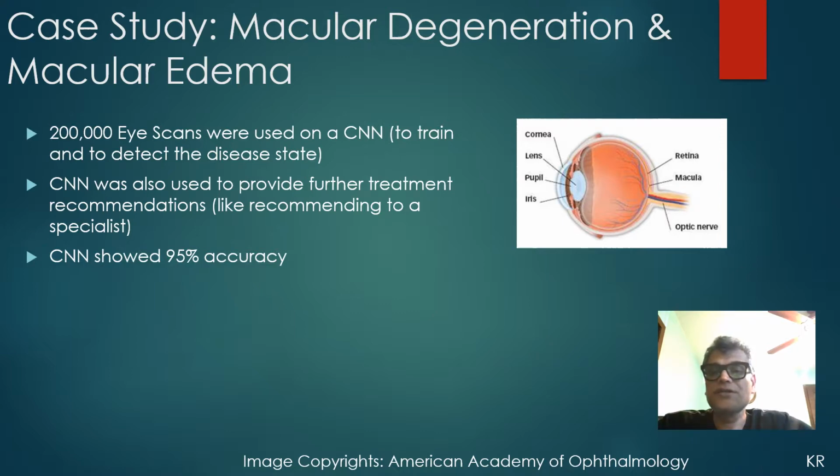Not only did it identify the macular degeneration and macular edema in 95% of the cases, but it also went one step ahead in terms of making a treatment recommendation, referring a particular case further to a physician.